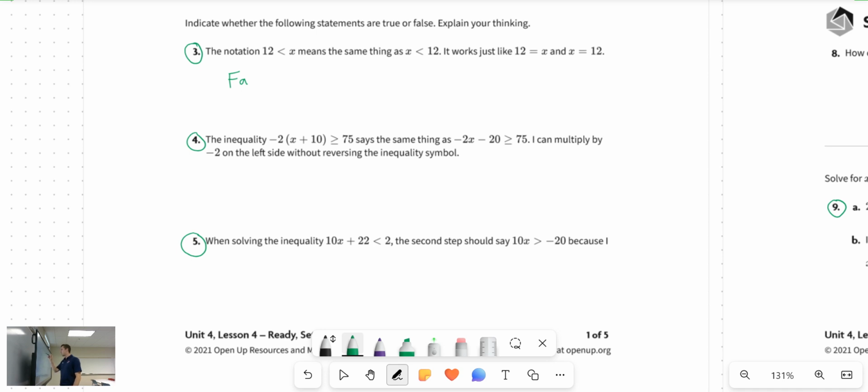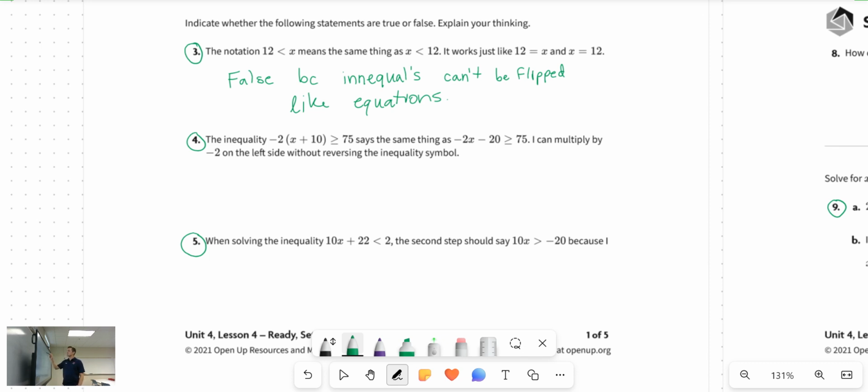So this first one is false because inequalities cannot be flipped like equations.